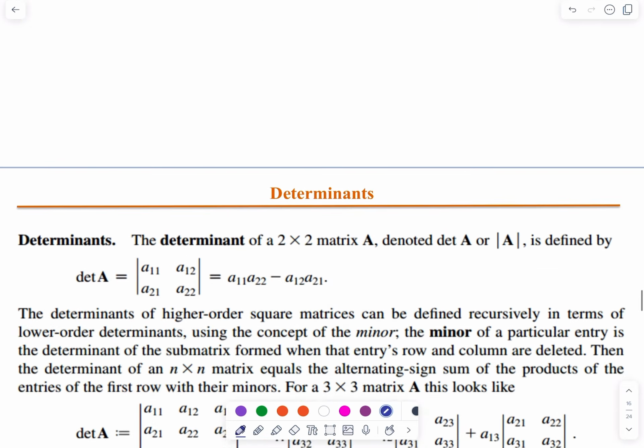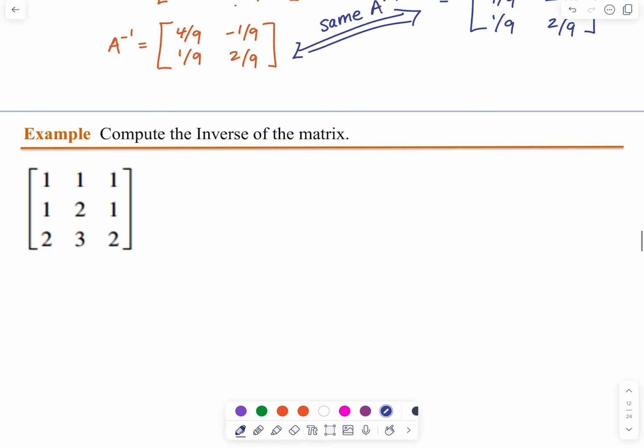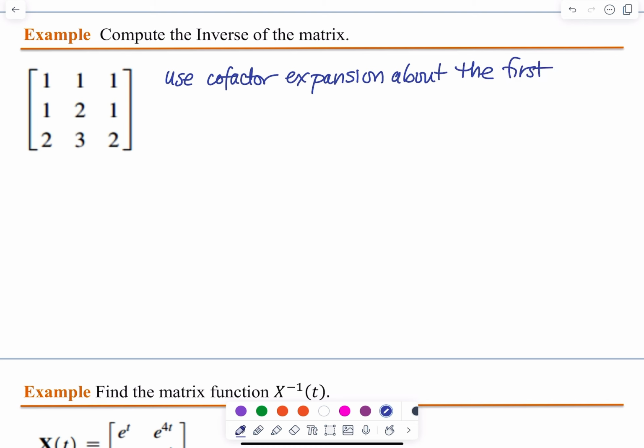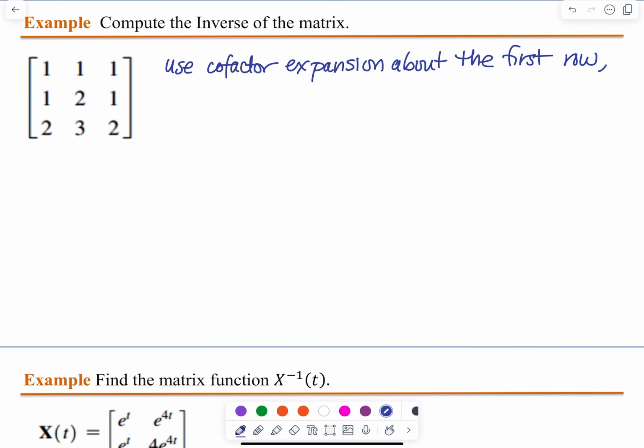So there's a couple of ways we can do this, but I do want to show you this also. But if we go ahead and take a look here at this problem, we can see that if we use cofactor expansion about the first row, and we are getting ready to talk about the determinant, we would say that the determinant, so again, we haven't talked about that yet, and I should have probably had this problem after that.